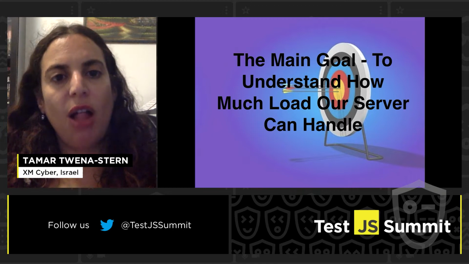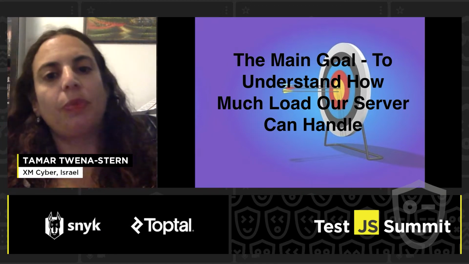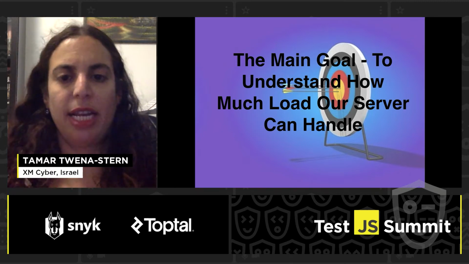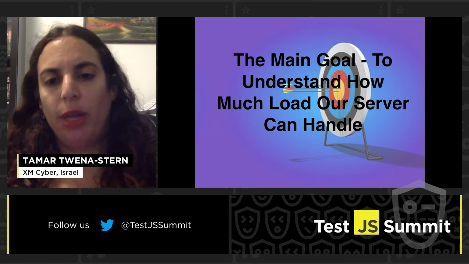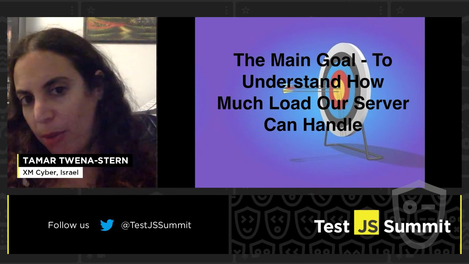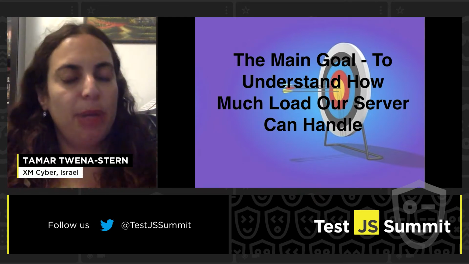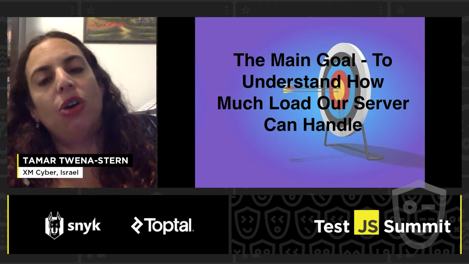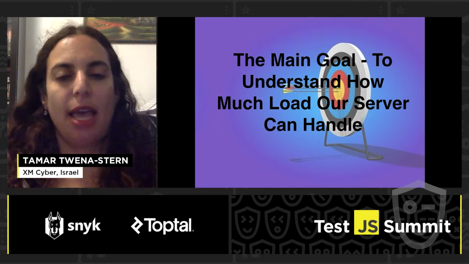So first of all, of course, the main goal of performance testing is to understand how much load our server can handle. Usually, in my opinion, in performance testing you're working with one Docker container, and you're simulating HTTP requests to that one Docker in order to understand what throughput this one Docker can handle.